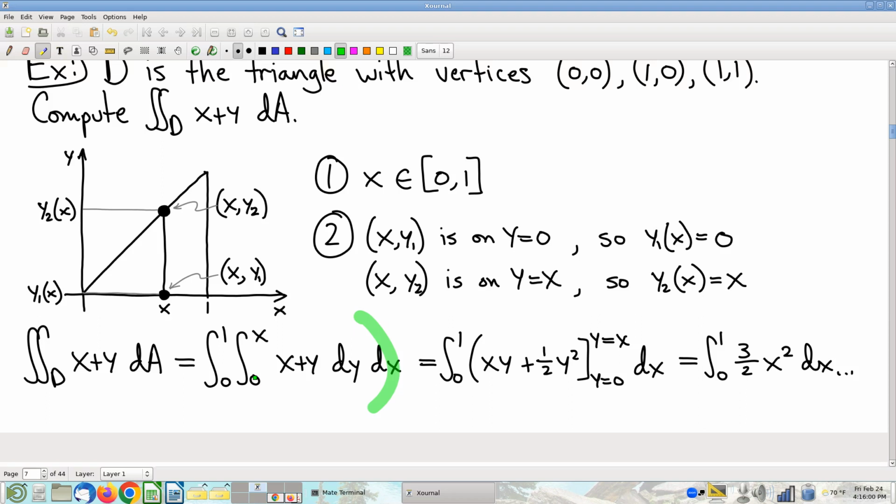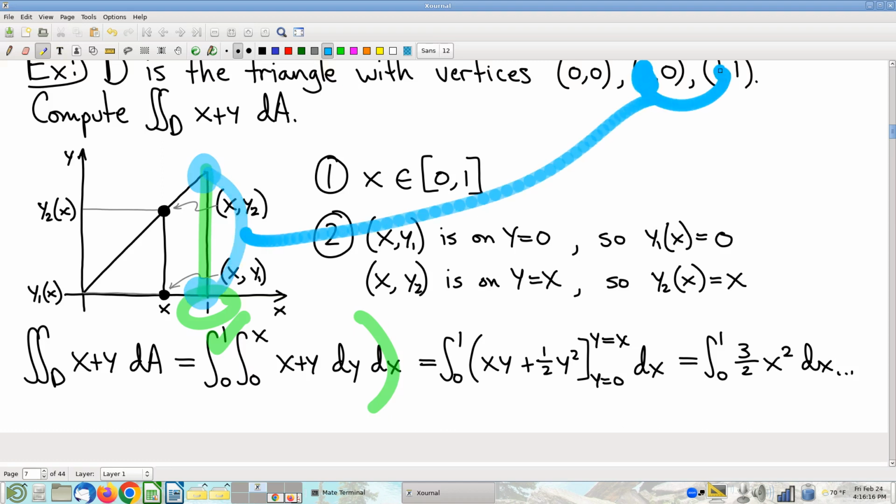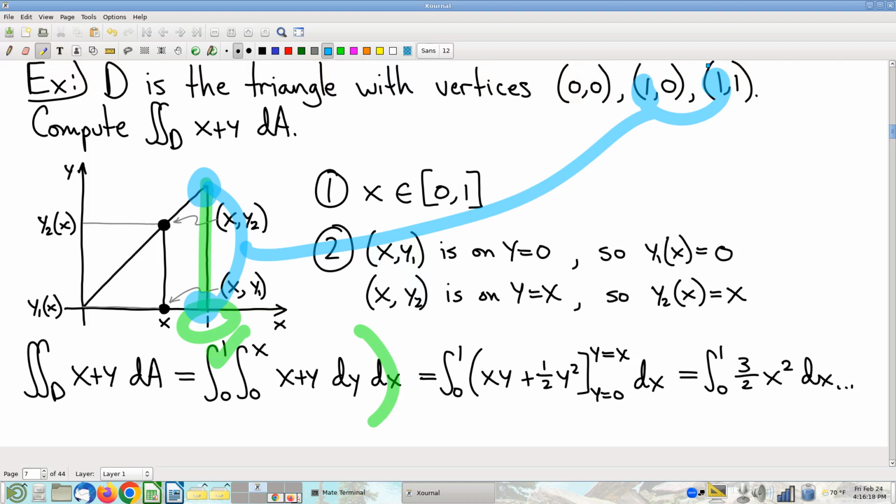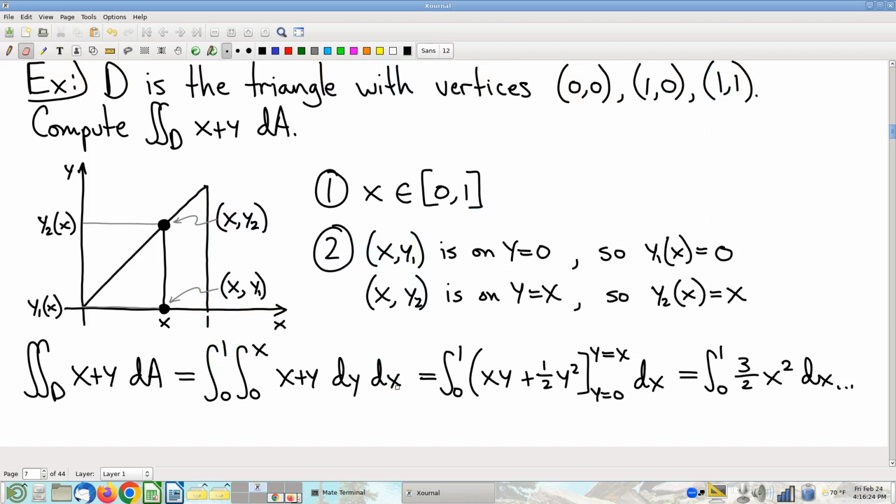Okay, the last x slice is over here, where x is 1. Again, why 1? Well, because either one of these points, whether you take this point or that point, the x coordinates are 1. So, effectively given. Okay, so there's my x bounds.